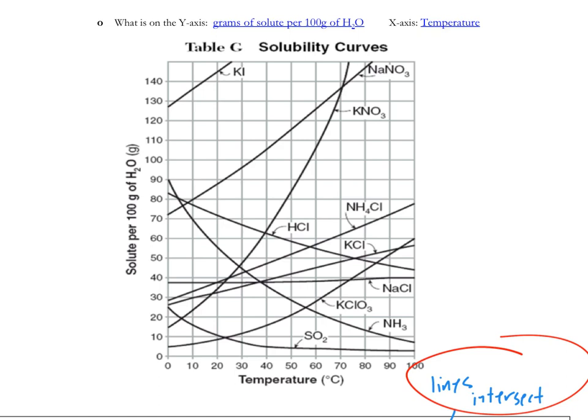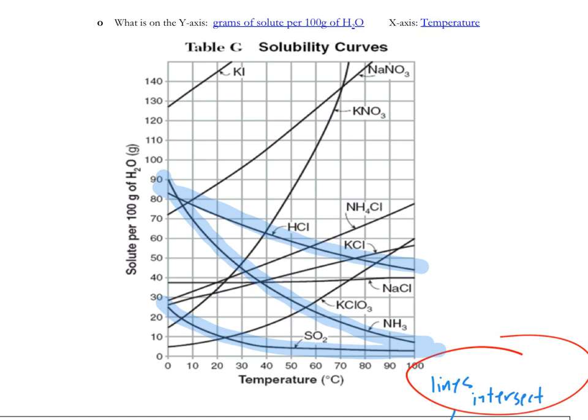So I see a line here. Let me try to highlight that for you. There's a little line here that's got a negative slope. This line here has a negative slope. This line here has a negative slope. And I think those are the only 3. Every other line in here has a positive correlation, meaning it's going up. It's got a positive slope.